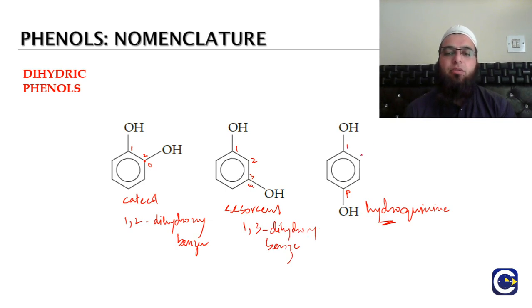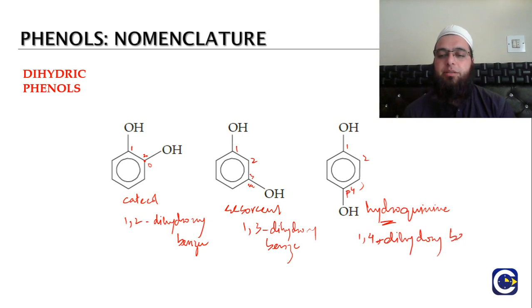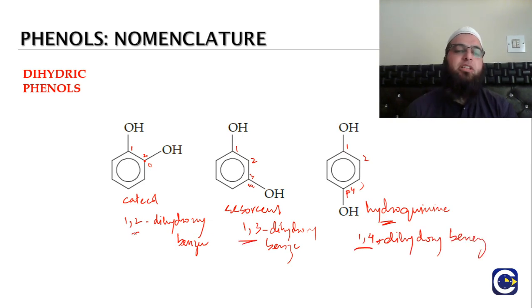And in this we have 1, 2, 3, 4. So we name it 1,4-dihydroxybenzene, okay. So these numbers specify the position of hydroxyl groups. Although we are going to discuss the nomenclature of all organic compounds in detail, here we have to just keep these common names and this simple nomenclature in mind.